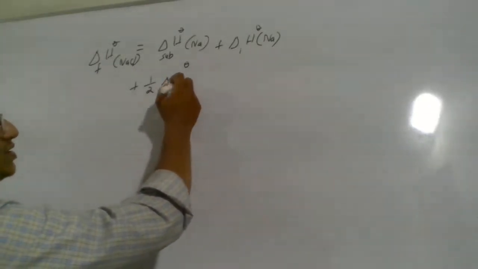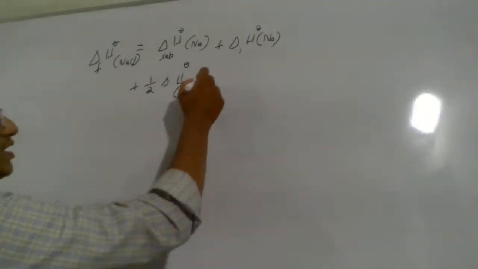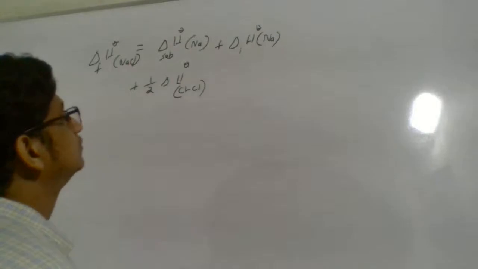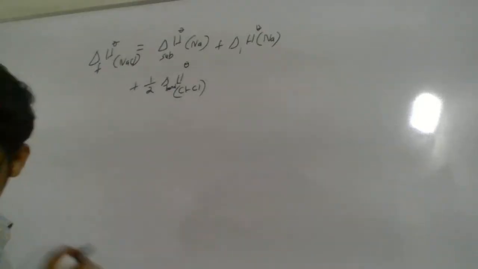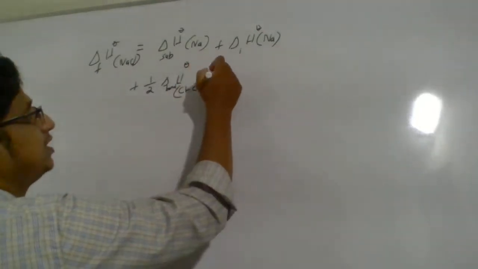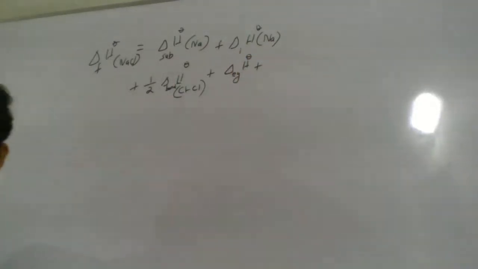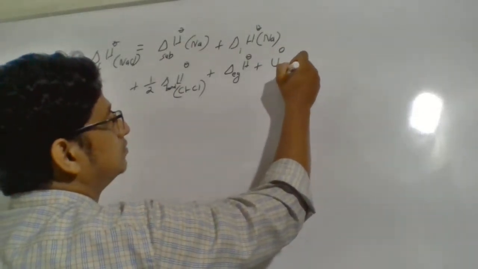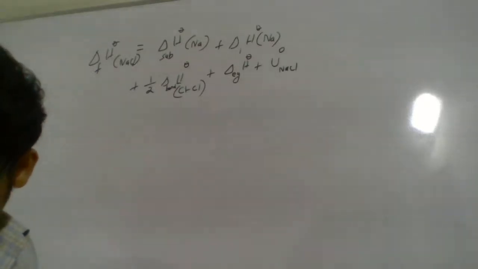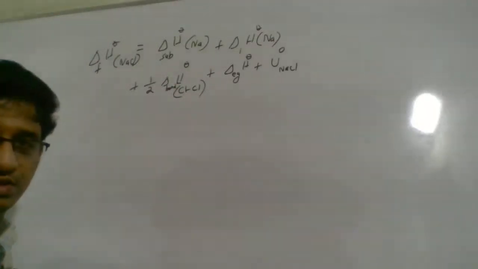So half the bond dissociation enthalpy of chlorine, delta H bond dissociation enthalpy. Now next is electron gain enthalpy, delta H electron gain enthalpy, plus finally lattice energy U0 of NaCl. So this is the equation you can remember for enthalpy of formation of a compound by applying Hess's law.